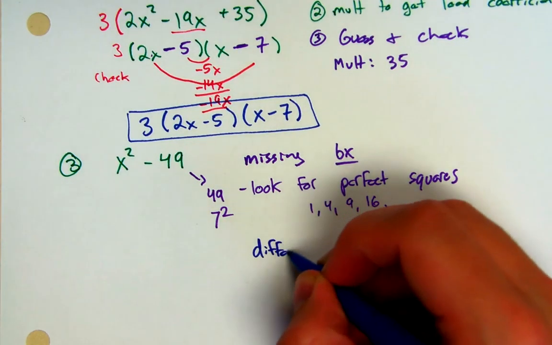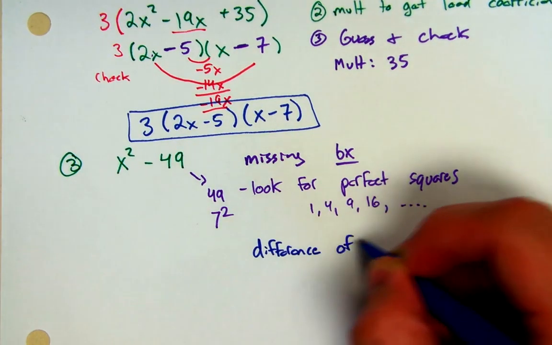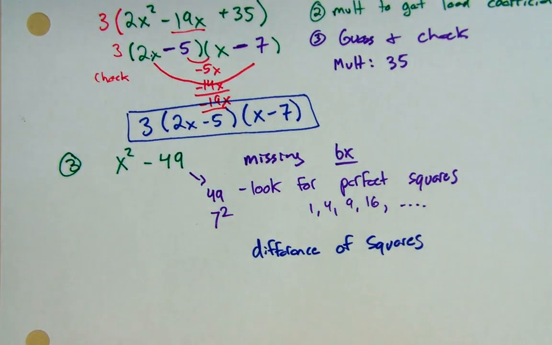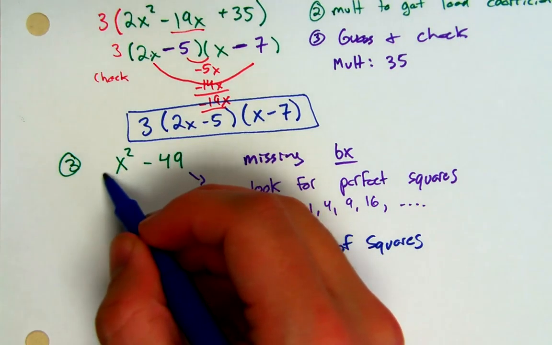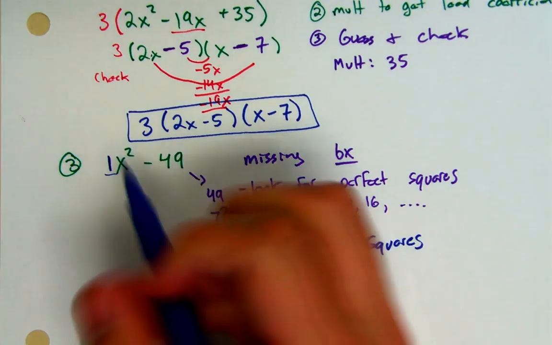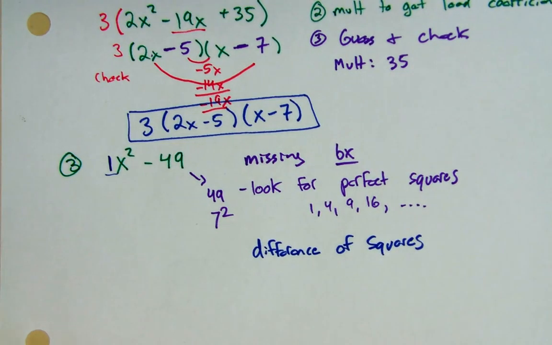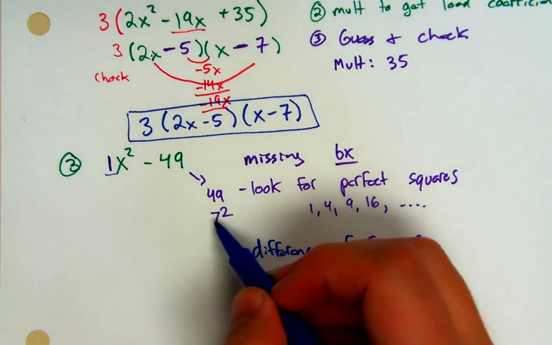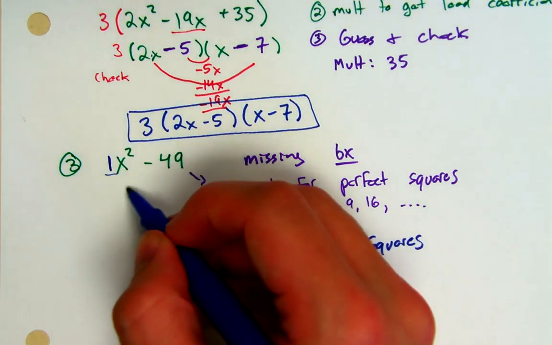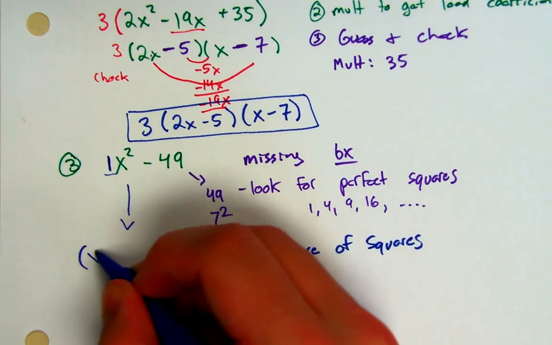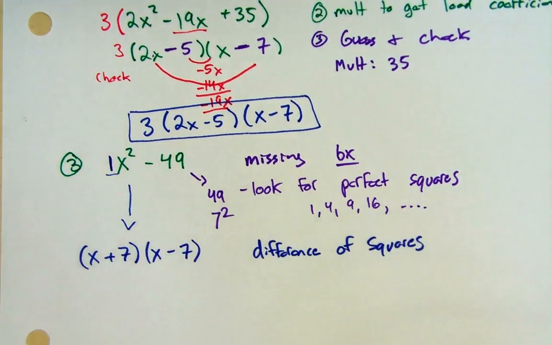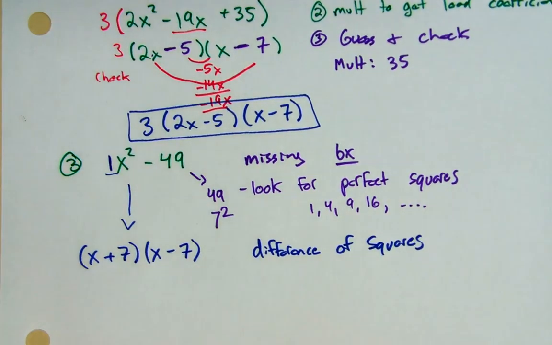So difference of squares. When you have a difference of squares, there's a 1 here, and a 1 is actually a perfect square too. That's important, that that first one be a perfect square too. All you're going to do is take the square root of 49, so that's plus and minus 7. So to factor this, I need x plus 7, and I need x minus 7, because that will make the middle go away.